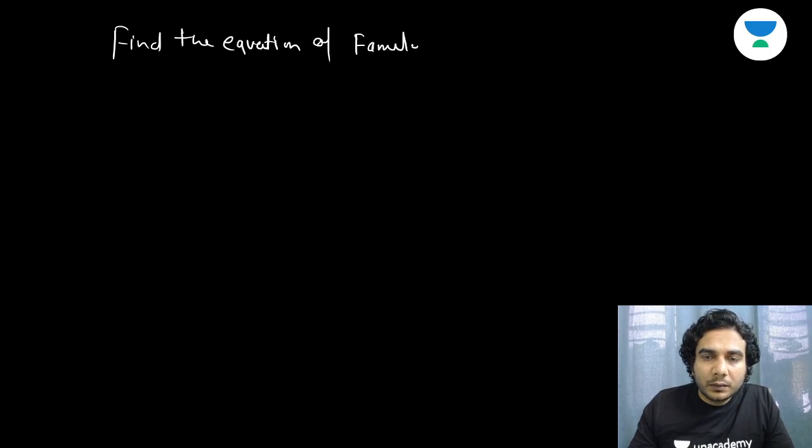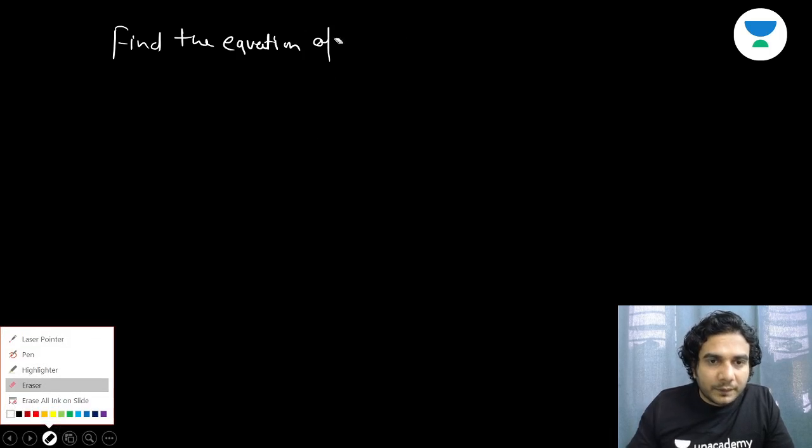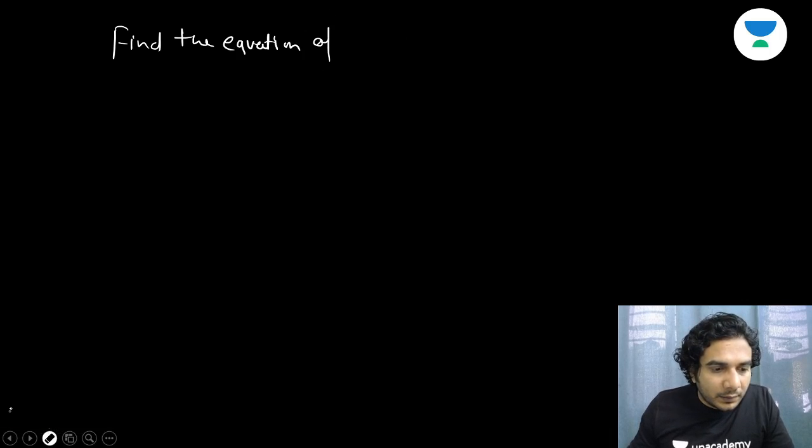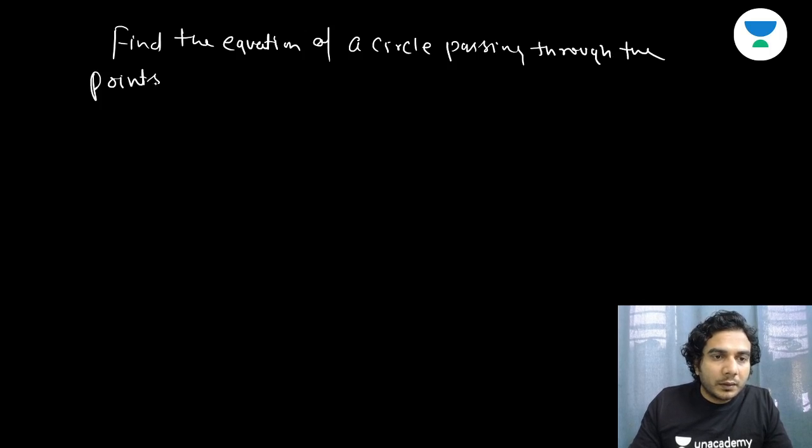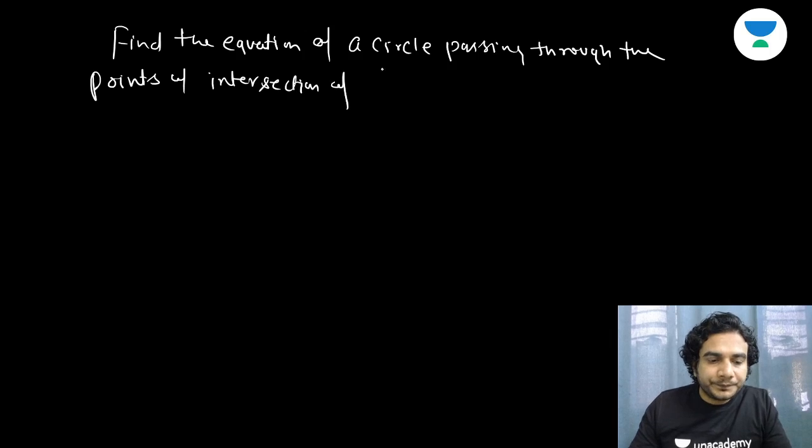Now find the equation of a circle passing through the points of intersection of two circles.